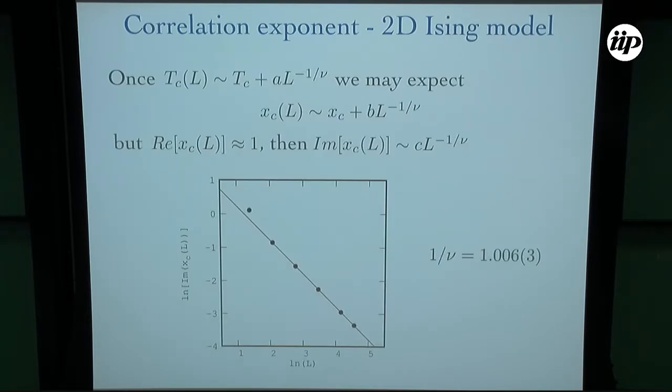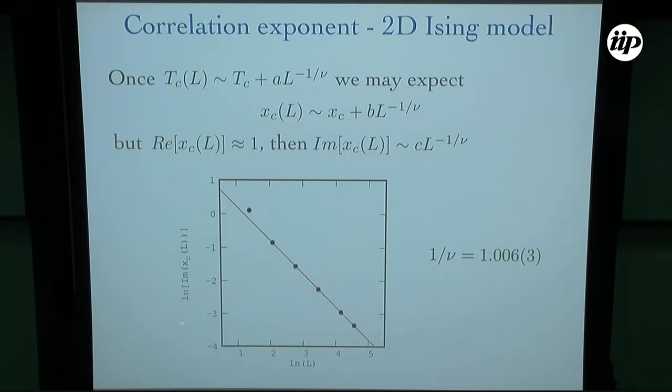If we go further, we do expect that the pseudo-critical temperature follows this power law from finite size scaling theory. But the real part of the dominant zero is equal to 1 for all lattice sizes. So if you look only at the imaginary part of the dominant zero, you should expect that it follows the same power law.